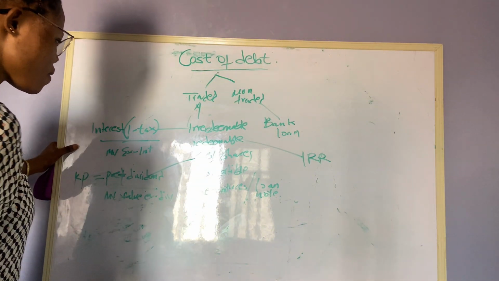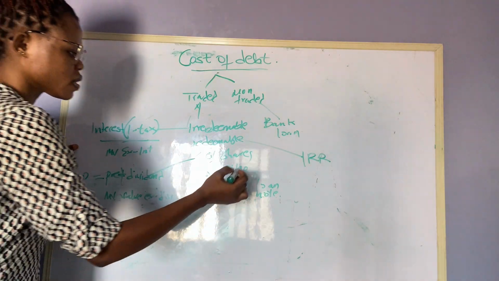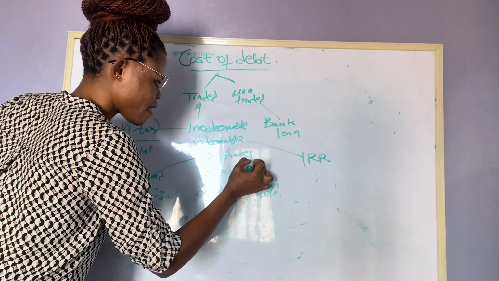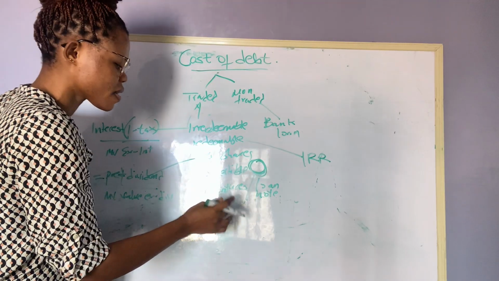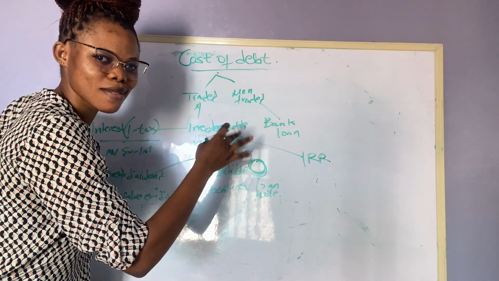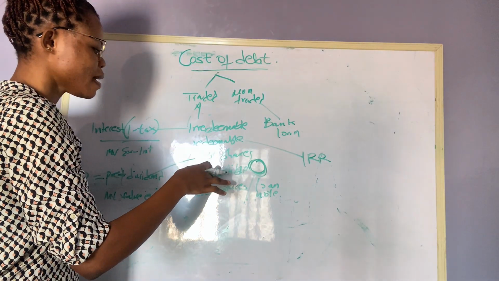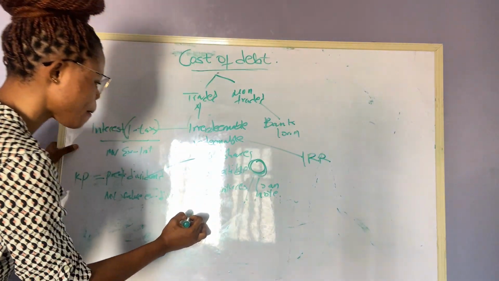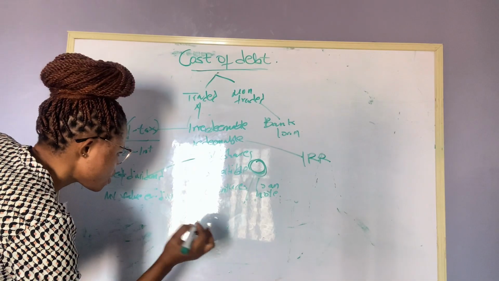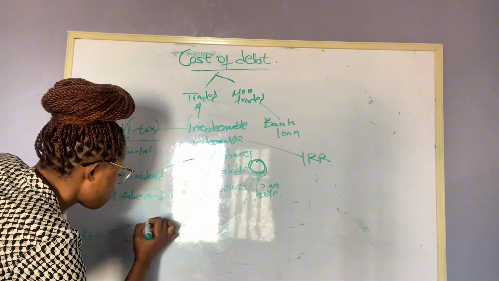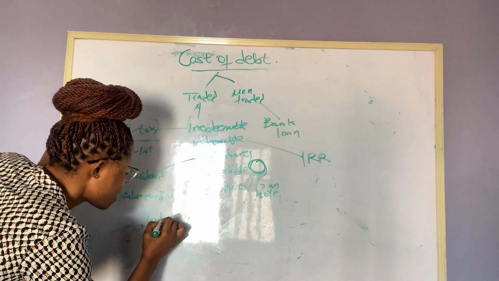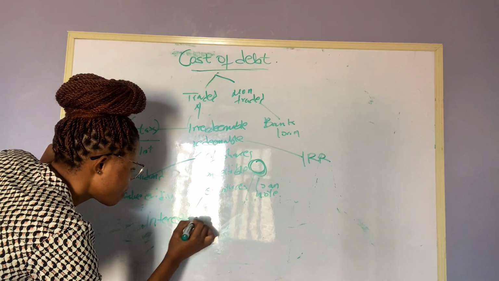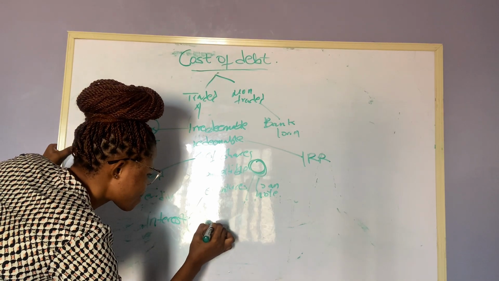Then we also have convertible. I'm going to come back to the convertible, because it's very elaborate. I need a separate video for it. Then for debentures or notes, I have interest times one minus tax rate.